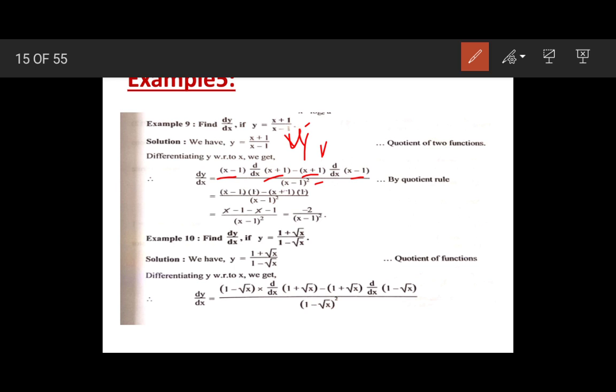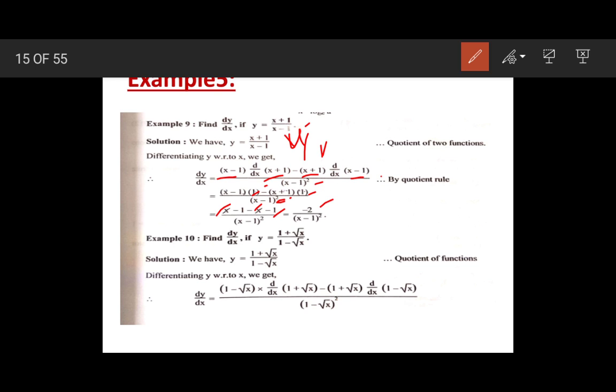So x minus 1 into derivative of x plus 1, which is 1, minus x plus 1 as it is, derivative of x minus 1 is 1, upon x minus 1 the whole square. Now in between there is a minus sign, so the sign will be changed: x minus 1 minus x minus 1 upon x minus 1 whole square. So x minus x is 0, minus 1 minus 1 is minus 2, upon x minus 1 the whole square.